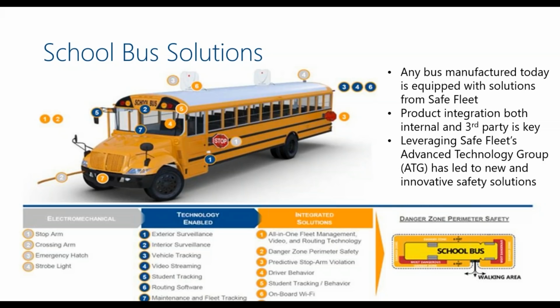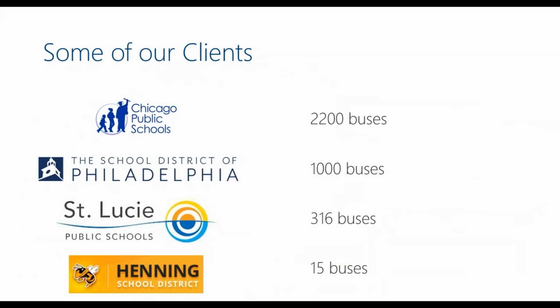All the solutions we are working towards and where we're moving towards is to turn that danger zone into a safety zone. Being diverse in the industry is very important. We can cater to fleets of all different sizes. We've got customers with 15 buses, and then we've got clients like Chicago Public Schools with fleets as large as 2,200 buses. So again, being a diverse company is very important to be successful long-term in this industry.